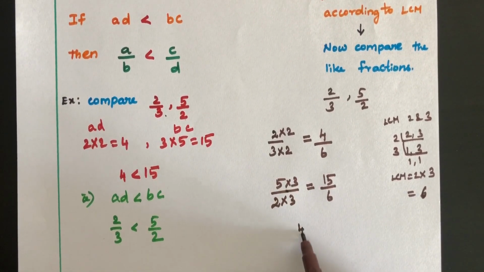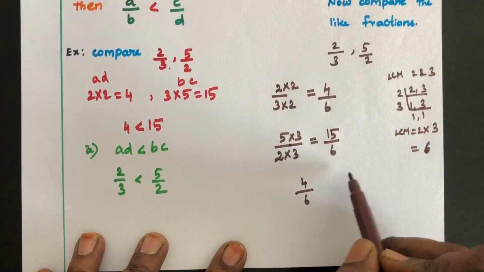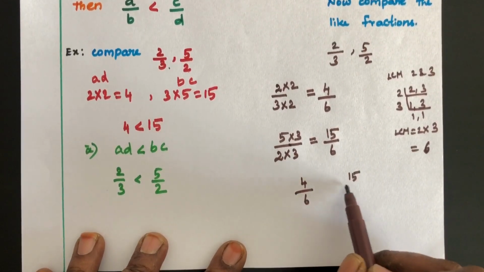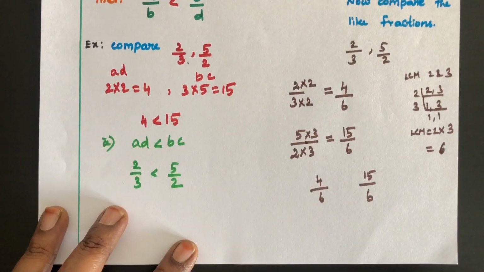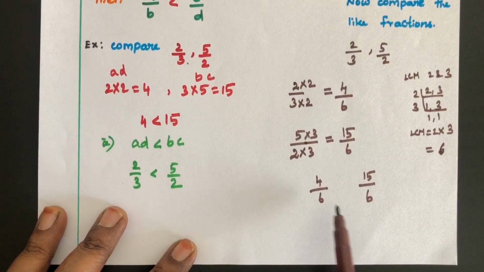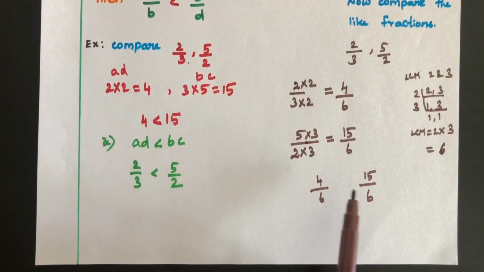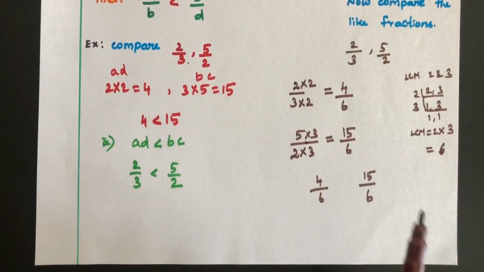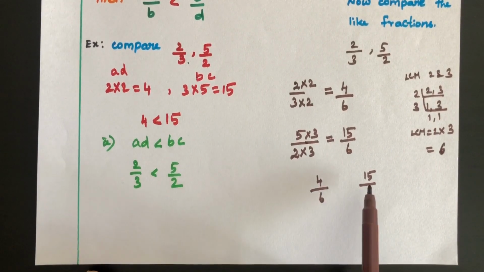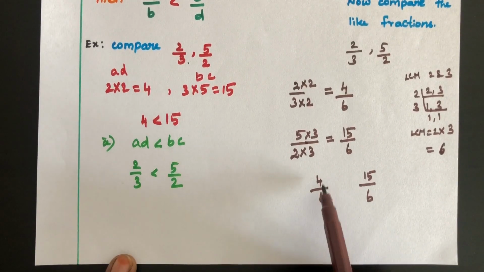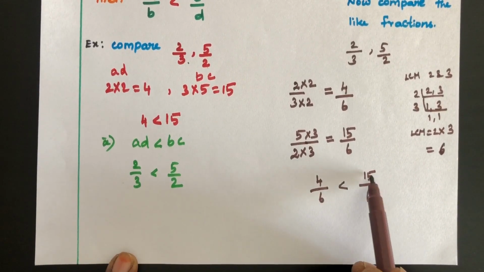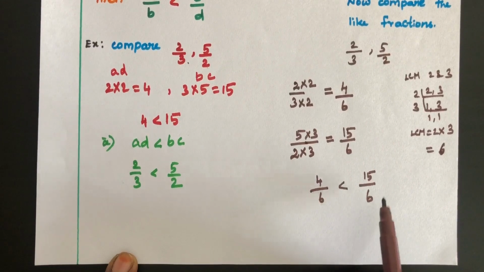Now 4 by 6 and 15 by 6. In like fractions, the fraction with the smaller numerator is the smaller, and the one with the bigger numerator is the bigger. So 4 is less than 15 here. So 4 by 6 is less than 15 by 6.